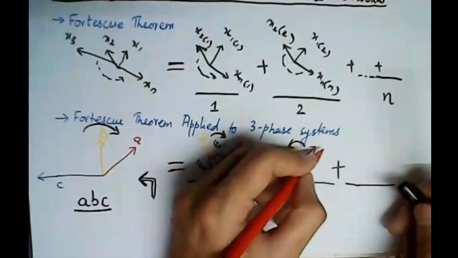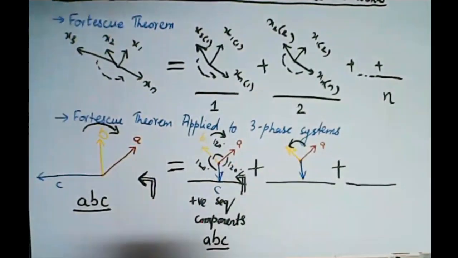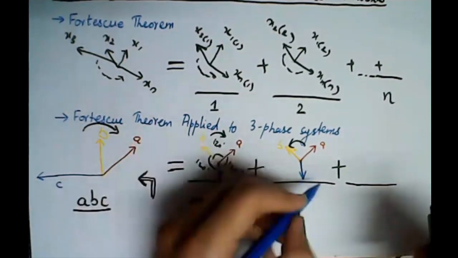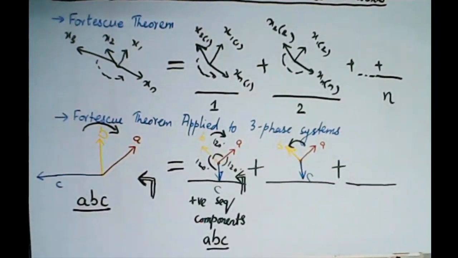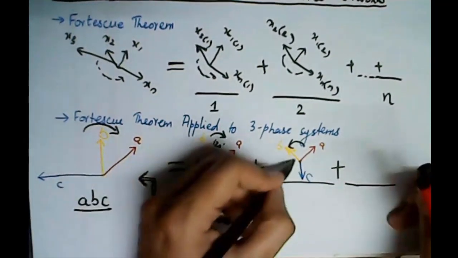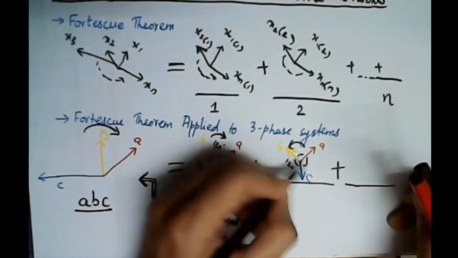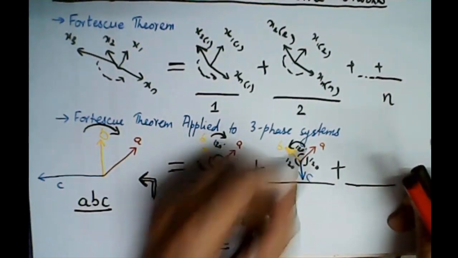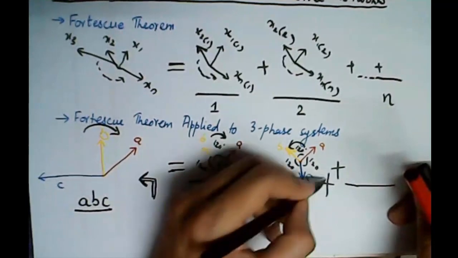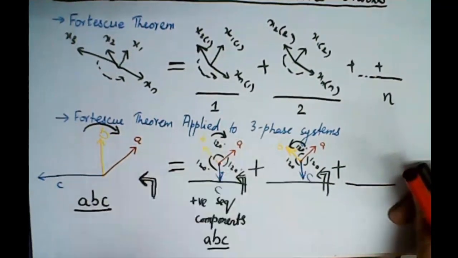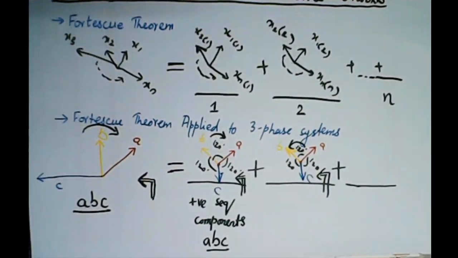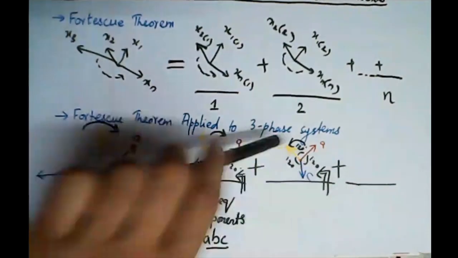A, B, the angle again is 120 degrees, right? 120, 120, and 120. Now again, looking at the reference point, the direction of rotation is different. As you can see, this is rotating anti-clockwise.